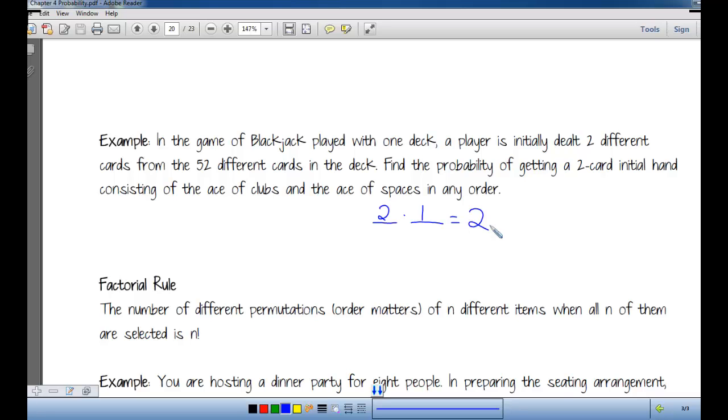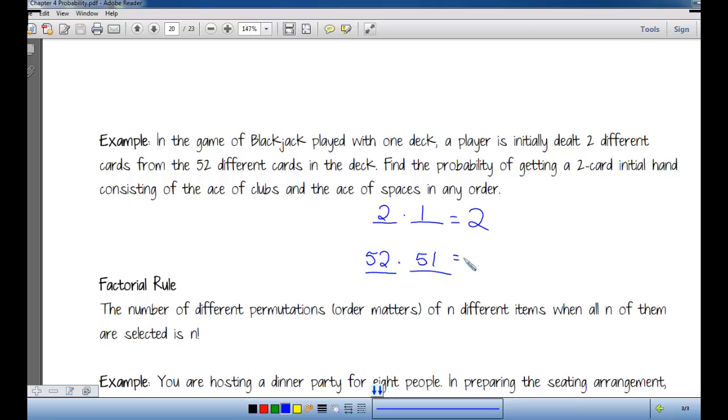Then on the bottom, we need to know how many ways we could get any 2 cards. And that would be what? One out of 52? So if we're using the fundamental counting rule, we're going to say what? 52 times 51.